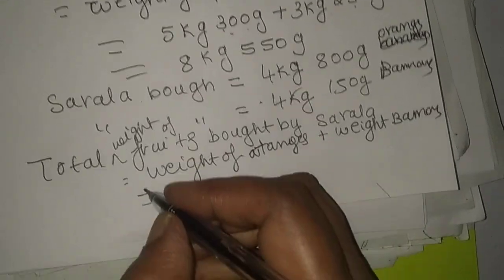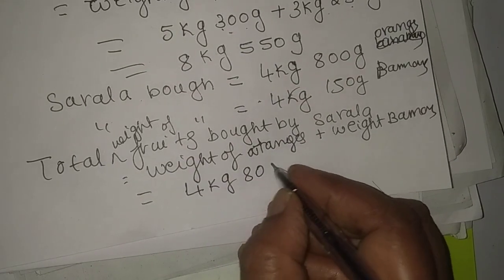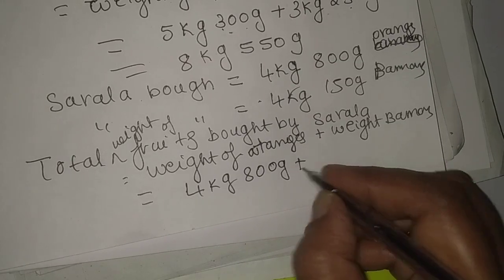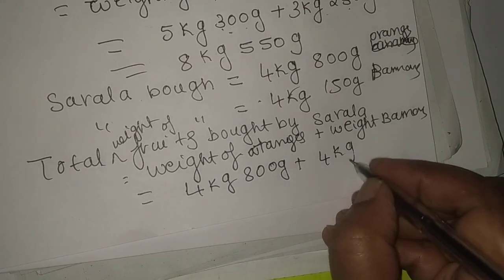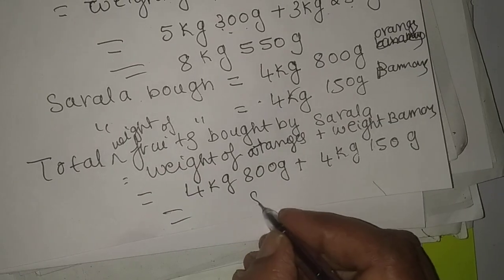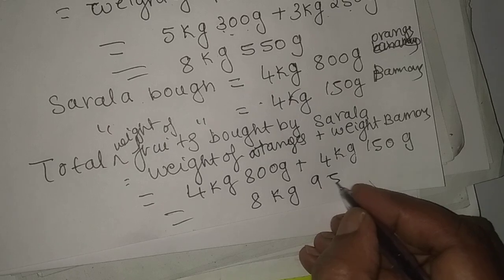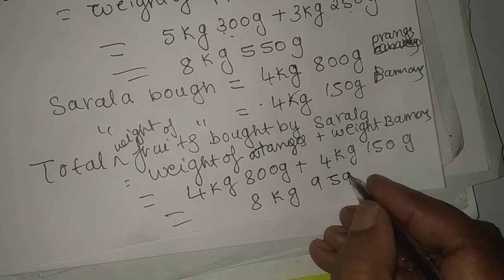Now add these two, that is 4 kg 800 grams plus 4 kg 150 grams, which will be equal to 8 kg 950 grams.